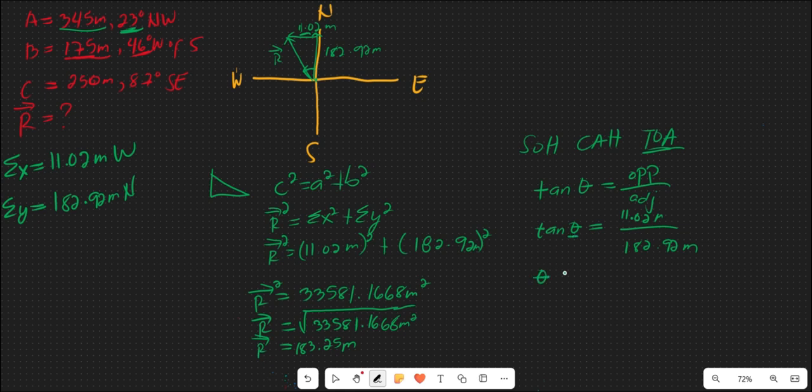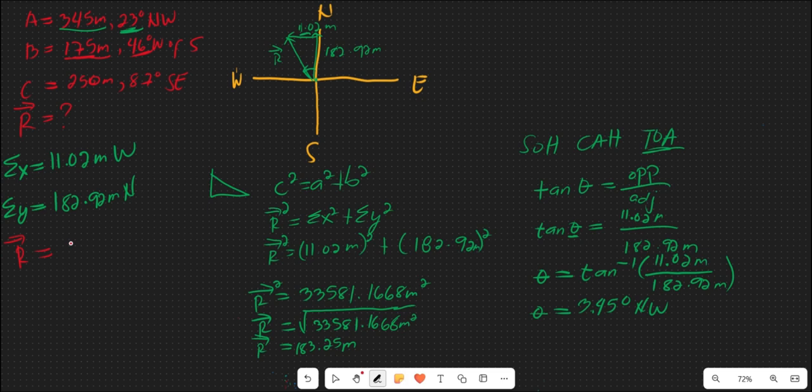To get the value of theta, let's get the arctangent of the right side of our equation. And that gives us the value of 3.45 degrees. For its direction, it should be going northwest, based on our illustration above.